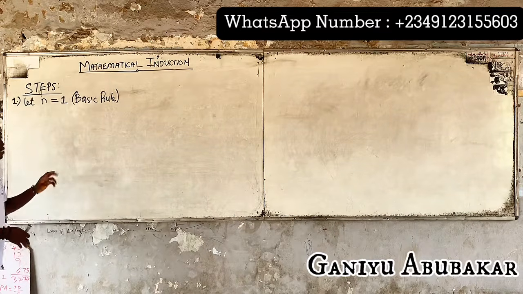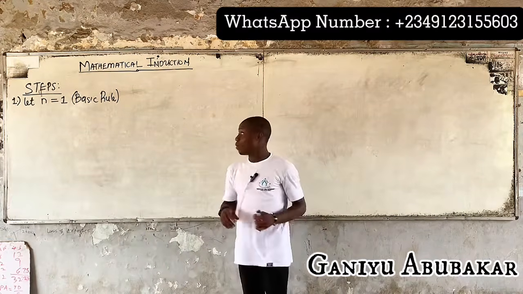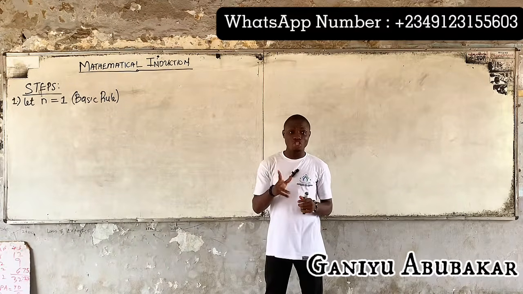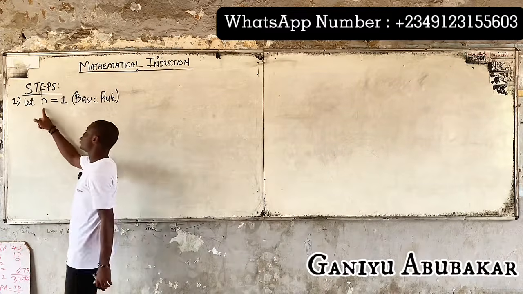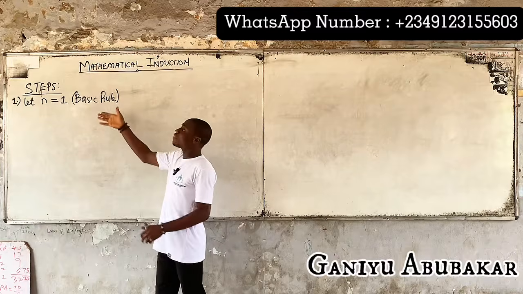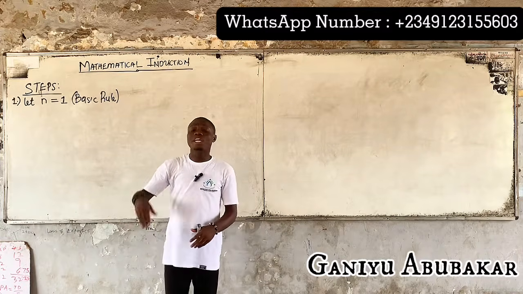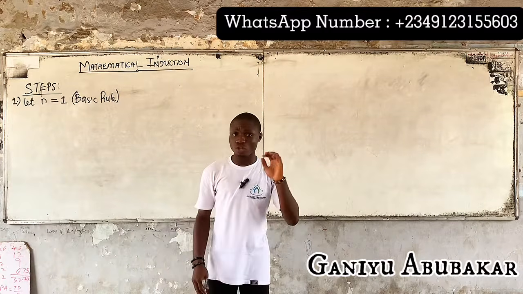The first step is to let n be equal to 1. This is called the basic step. After making your n equal to 1, you look at your left hand side. Is it equal to your right hand side? Don't worry, you understand this.